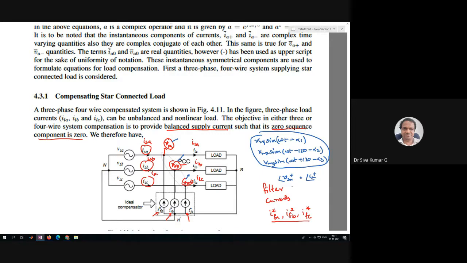If you want a desired power factor, in a distribution system we can maintain the source power factor cos phi equal to 0.9 also. We have to maintain the power factor at 0.9 or above. We can have the desired power factor, so that's why I have kept phi.